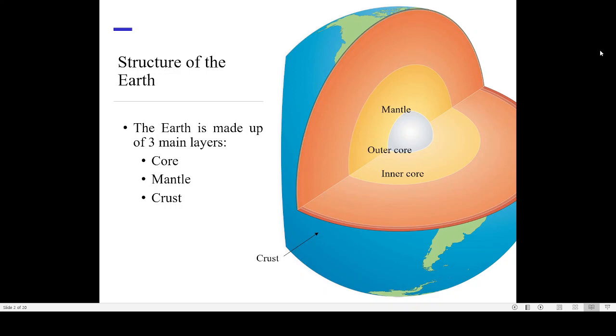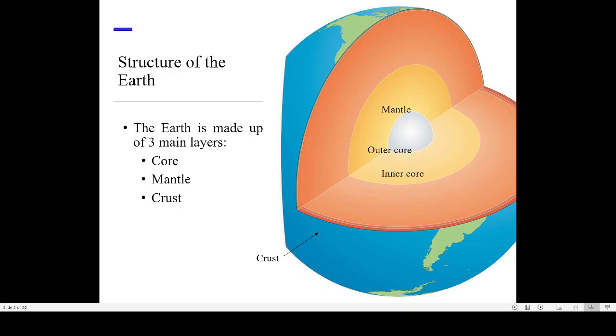It's very thin, and that portion is known as the crust, and we are living on the surface of this crust. Then below that there is a very large area, extending maybe 1,000 or 2,000 kilometers in depth. That area is known as the mantle, and below the mantle we can find the core.